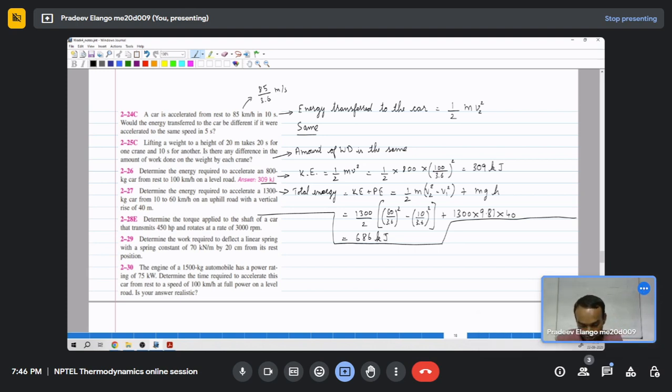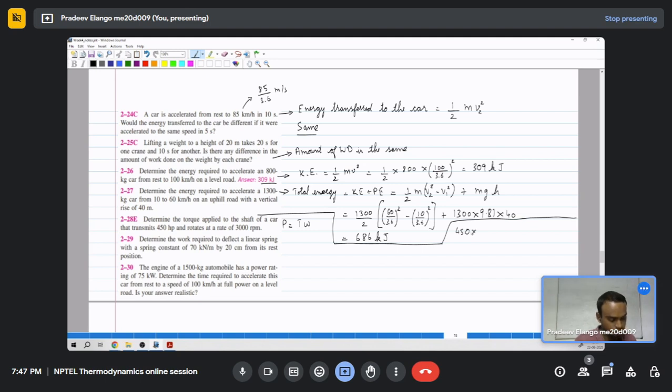Next problem, determine the torque applied to the shaft of a car that transmits 450 HP and rotates at the rate of 3000 rpm. So this is power is equal to torque into omega. Power is 450 HP.